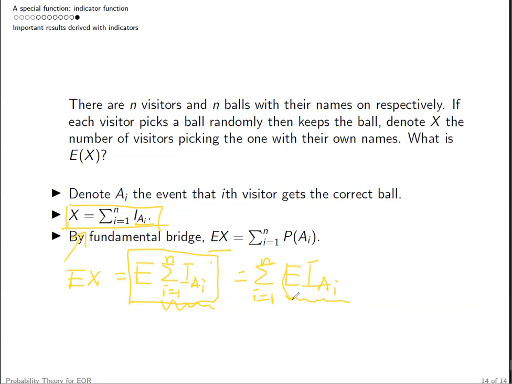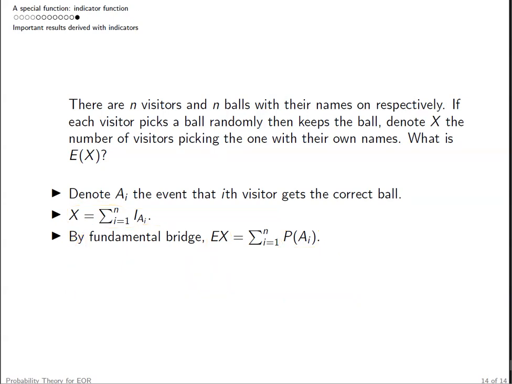And what is the expectation of I_{A_i}? It is essentially equal to P(A_i), the fundamental bridge. Now to solve the expected value of X, we only need to solve for P(A_i). Well, by symmetry, we know each visitor is equally likely to get the correct ball, and given there are n balls, P(A_i) is simply 1 over n.